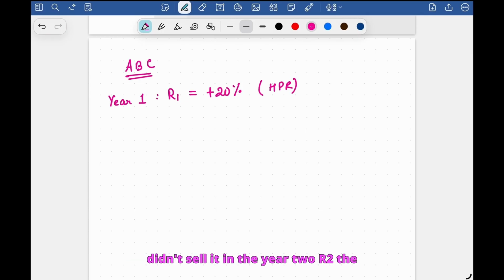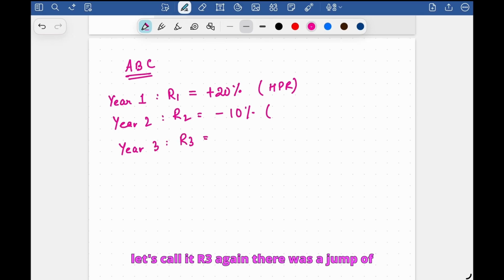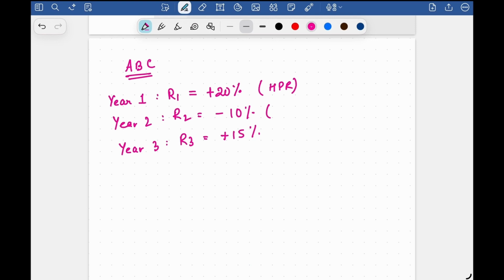And you didn't sell it. In year 2, R2, the return was negative, so the value went down. This is the year 2 return. And in year 3, let's call it R3, again there was a jump of 15%.